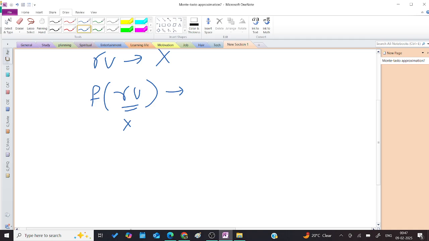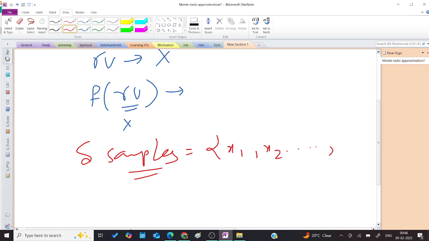So what we actually do in this technique is that we generate S samples, right? From this entire distribution we are generating S samples, that is x1, x2 up to xs.